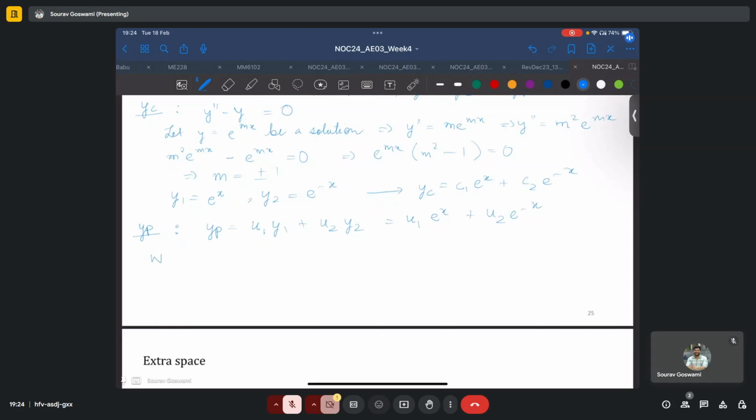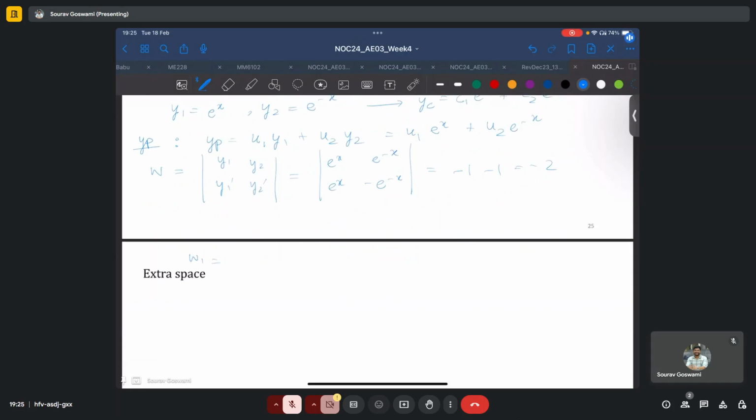The Wronskian w will be y1 y1 prime, y2 y2 prime, which equals e power x, its derivative is also e power x, and e power minus x has a derivative minus e power minus x. So e power x times e power minus x is 1, minus 1, minus 1 is minus 2.